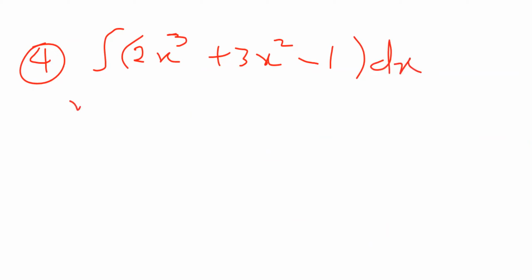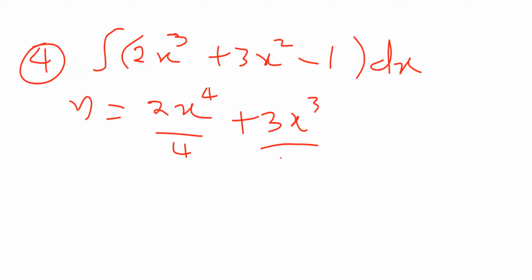We still go the same way. 2x raised to power 4 over 4, 3 raised to power x^3 divided by 3, minus 1, x raised to power 0 plus 1, all over 1, plus k.